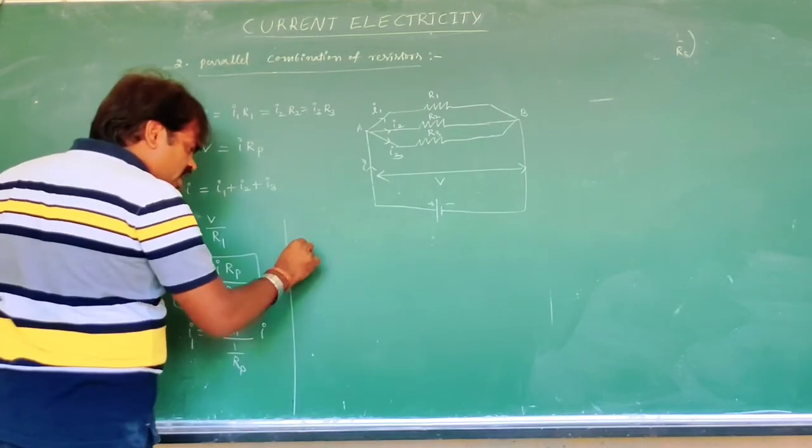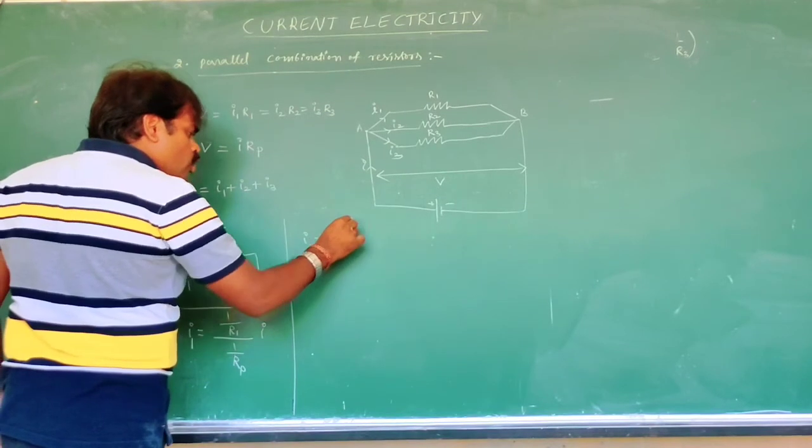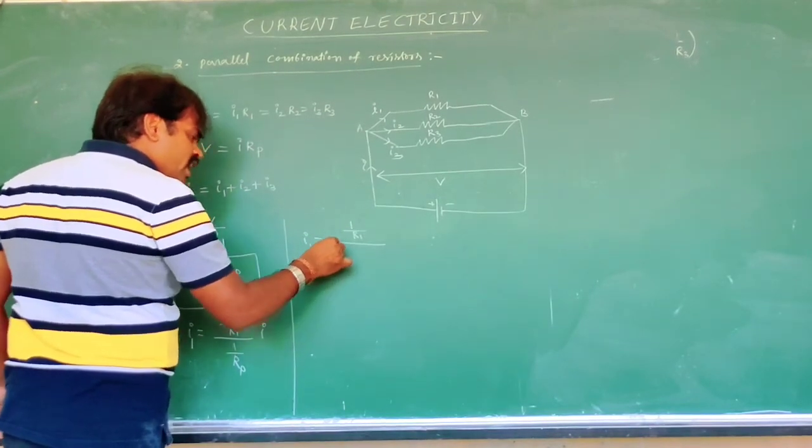That means we can clearly write here, I1 is equal to 1 by R1 divided by 1 by Rp.